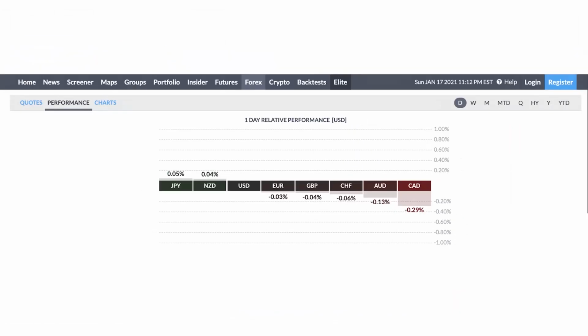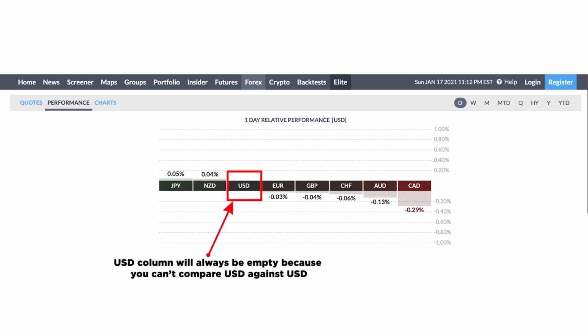So, you can see that the relative performance of various currencies can be found here, and they are always compared against the dollar since dollar is the main currency. Now obviously, you cannot compare dollar against dollar. Thus, the USD column over here will always be empty.